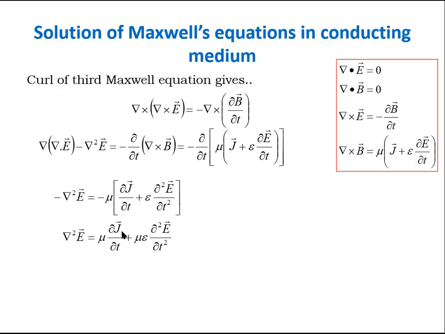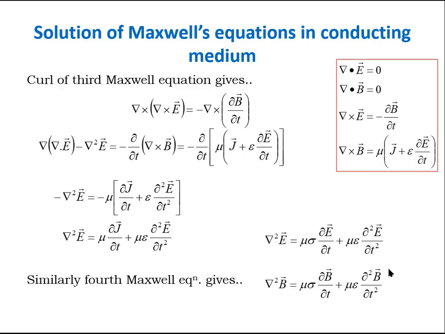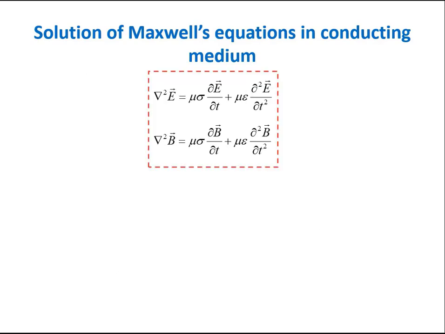Here J can be replaced by sigma E for a conductor. So the final equation for the electric field is this. Similarly, for the magnetic field, the fourth Maxwell equation gives this equation.